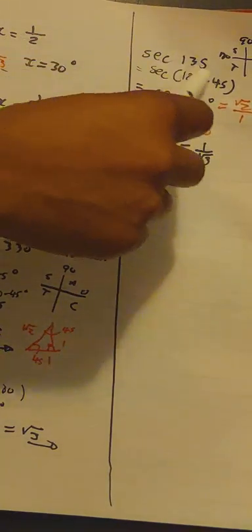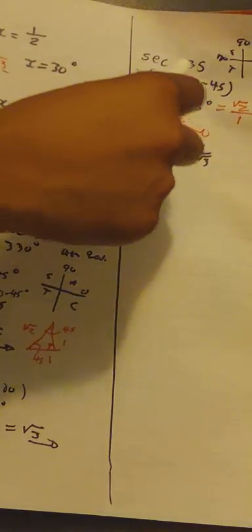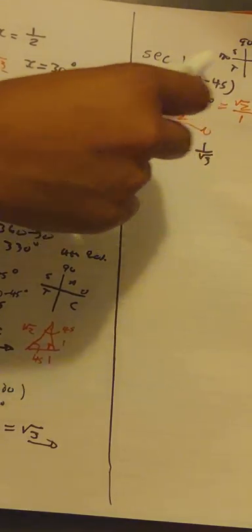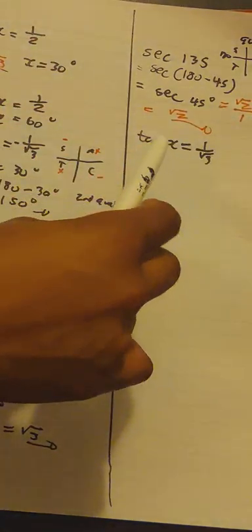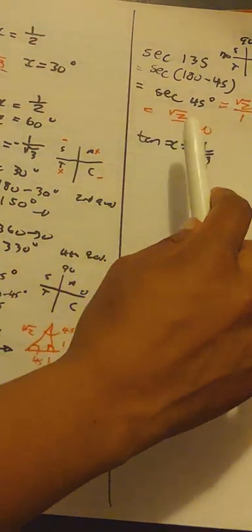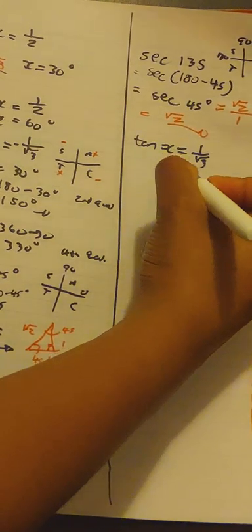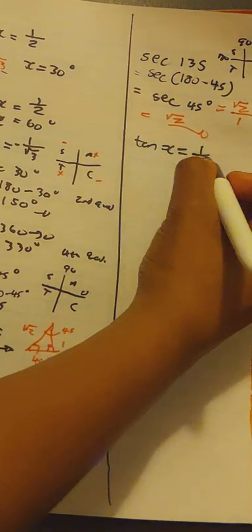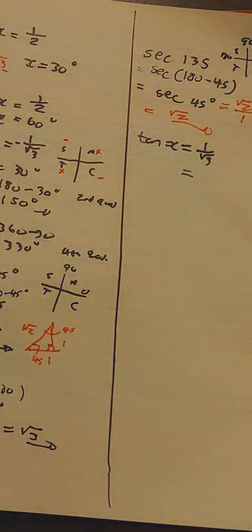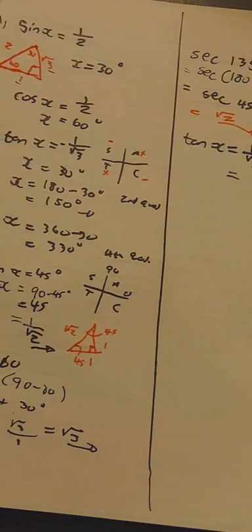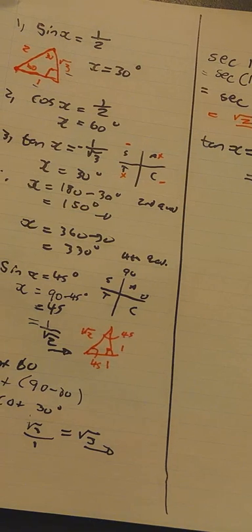If they're giving us degrees, angles, what is the first thing we do? We go to CAST diagrams. Okay, let's go to our triangle. Which one has 1 and 3? The first one, so I'm just going to move it to the first one, right?